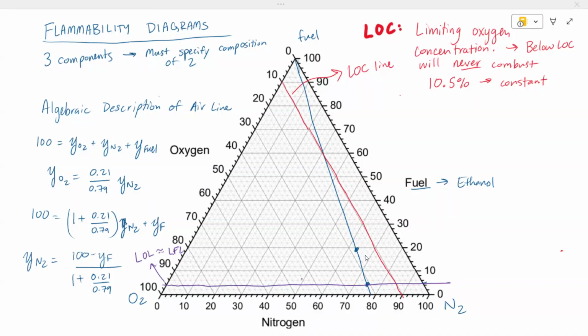And so what I'm doing here is I'm working towards working out the flammable zone, if you will. I'm trying to work out what mixtures are going to be flammable and what mixtures are going to be safe, and that is going to help inform my decision for inerting. Because when I inert a vessel, I want to make sure I drop the oxygen concentration low enough.